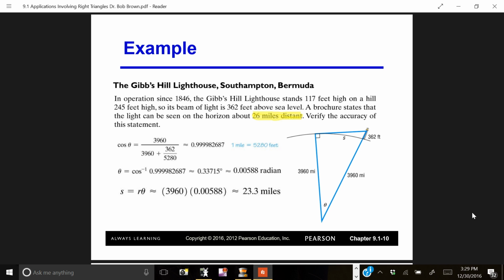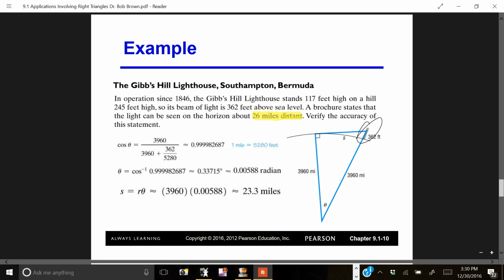It's 117 feet high on a hill 245 feet high, which makes the top of the lighthouse 362 feet above sea level. A brochure states that the light can be seen on the horizon about 26 miles distant. We want to see if that's accurate.